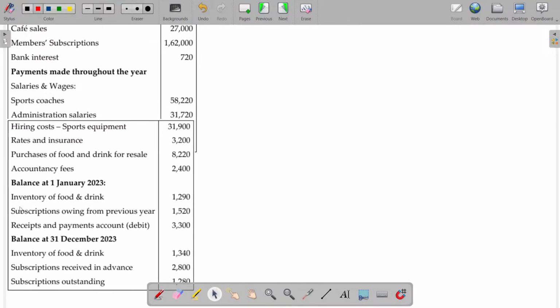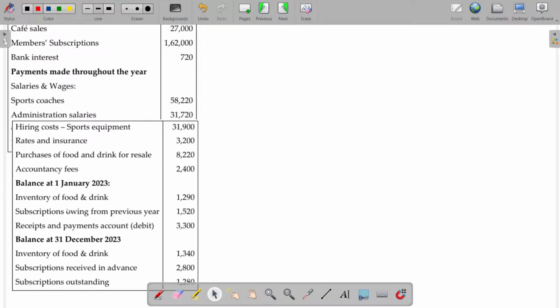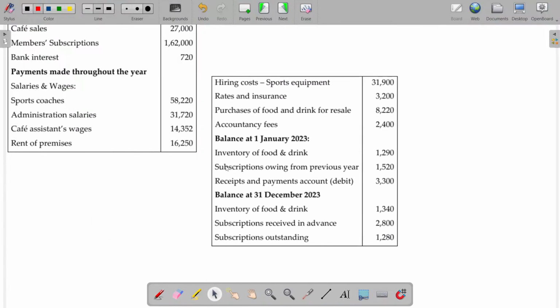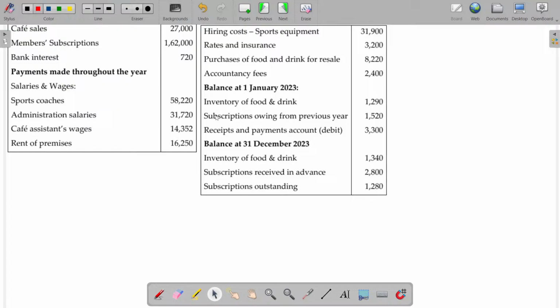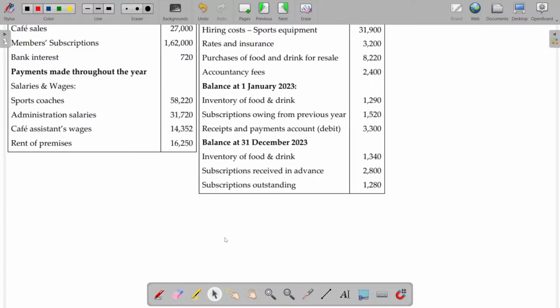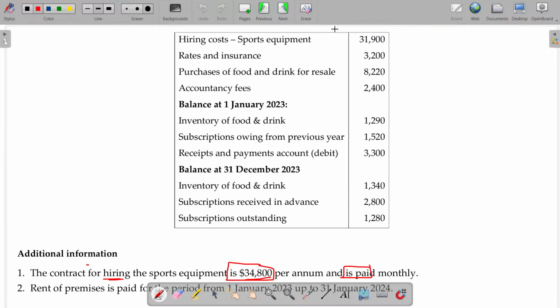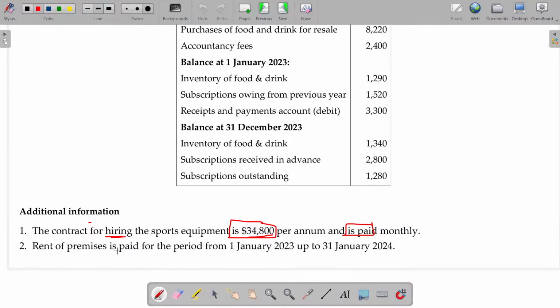Receipts and payments. Here hiring charges being 34,800. Now, rent of premises is paid for the period from 1st January 23 to 31st January 24.